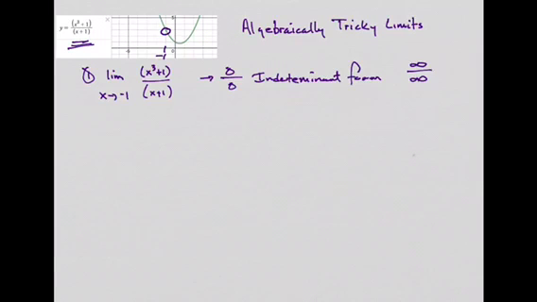We have a domain restriction: x is an element of all reals, such that x cannot equal -1. Everything else works. In order to figure out what y value we're going to, we need to work on some algebra here.